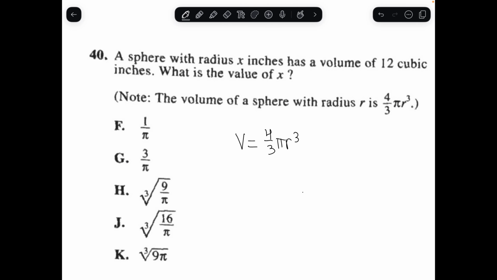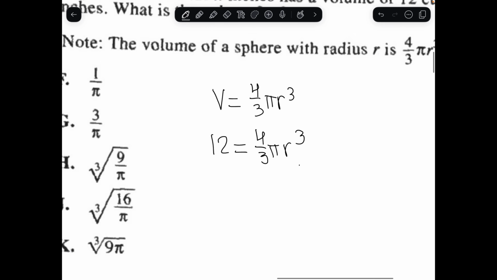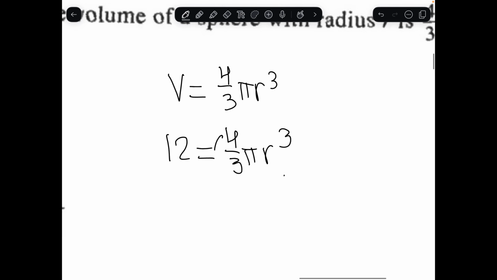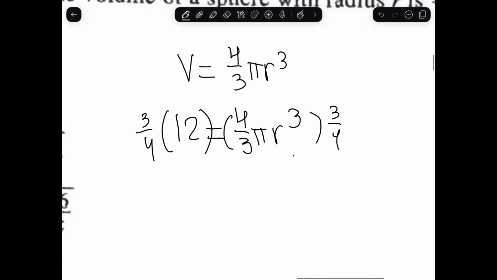In this problem, it tells us that a sphere has a volume of 12 cubic inches, so we can replace V with 12 equals 4/3 pi r cubed, and now we just have to solve for r. So what I would do first is multiply both sides by 3/4 to cancel out the 4/3 on the right side, because 4/3 times 3/4, that's just 1.